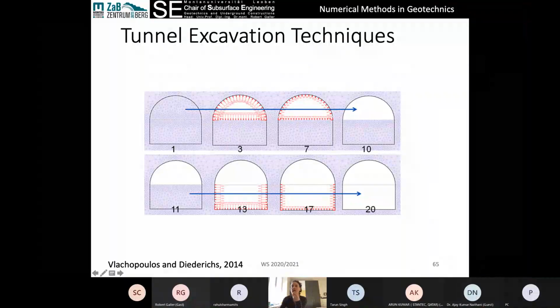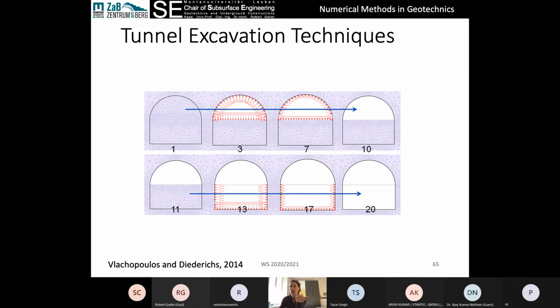So then the support is actually useful. First of all, it's being modeled in the way that it's actually installed, and you can actually see that it's useful. You can also see whether the support is going to fail or not. And then similarly for the bench, the stresses are sequentially reduced to simulate that advancing bench.